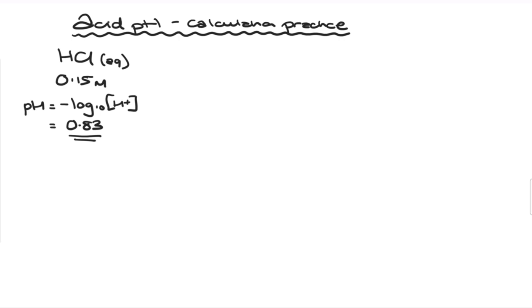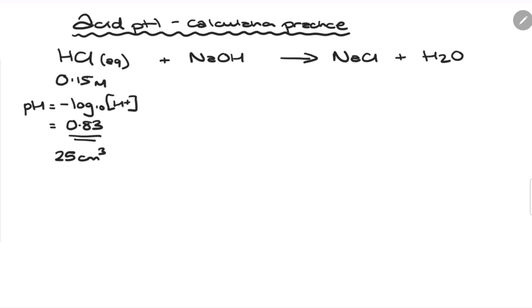What we're now going to do, though, is take a situation which may happen during a reaction where if we were to take 25 centimeters cubed of it, so say it was a titration, and we were to react that with, for example, sodium hydroxide, then we know through acid plus alkali chemistry that that would produce sodium chloride plus water as a product, and so the HCl would undergo neutralization with the strong base in this situation, which means the concentration of H+ ions would subsequently decrease during that reaction, and as a result the H+ ion concentration would therefore change, and subsequently the pH would change.